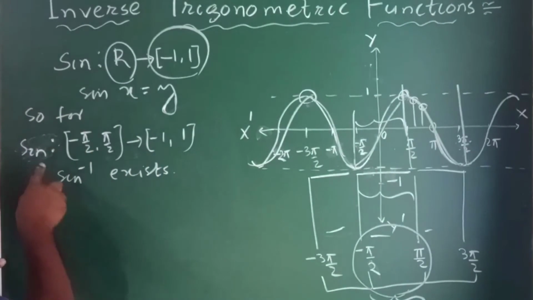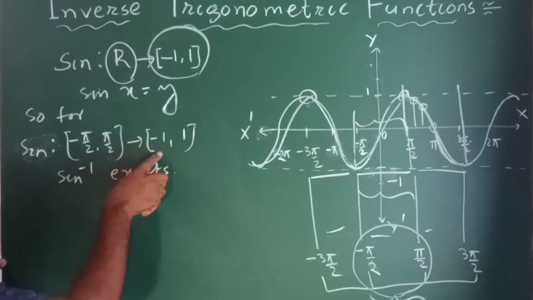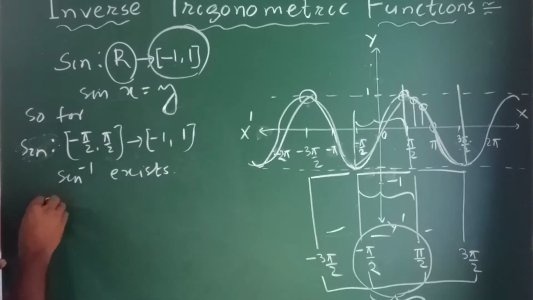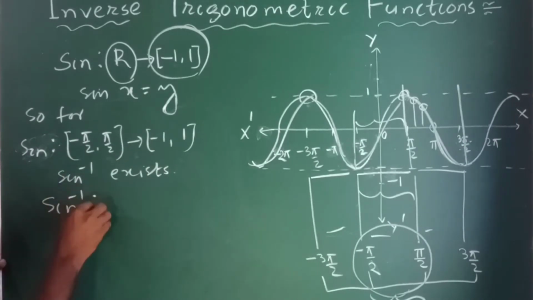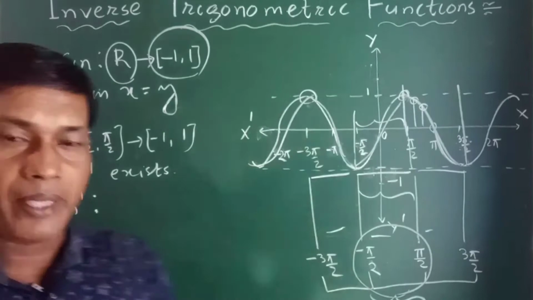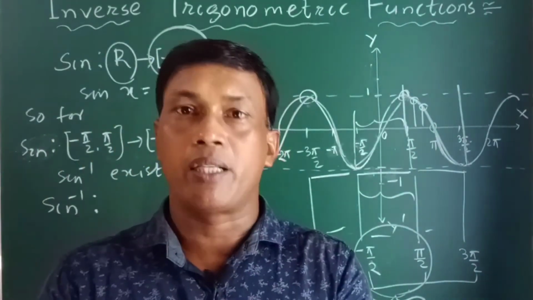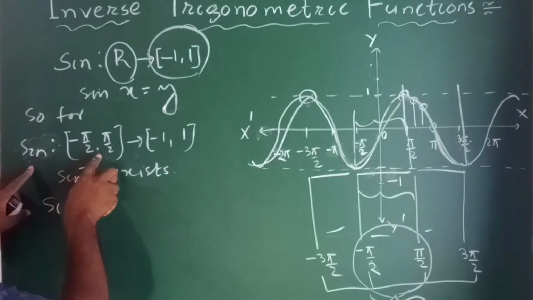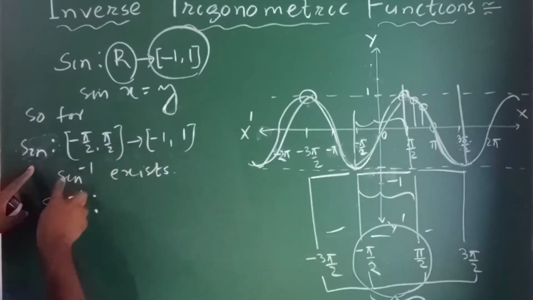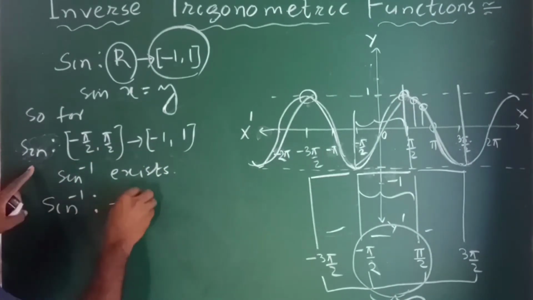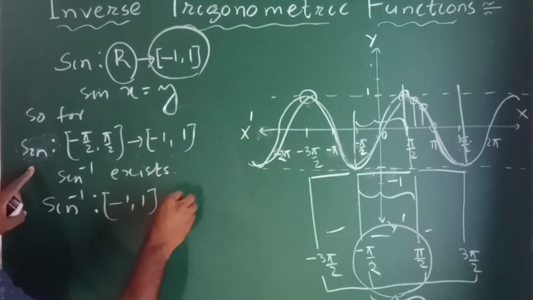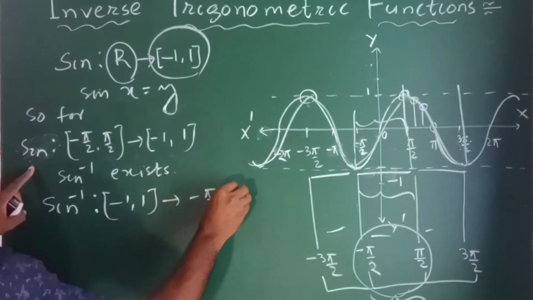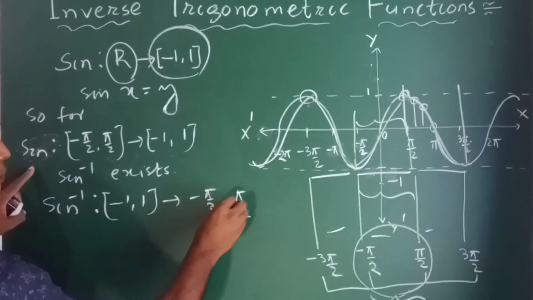And if sine is a function where inverse exists from minus pi by 2 to pi by 2 to minus 1 to 1, then sine inverse is a function. We know if f is a function from X to Y, f inverse is a function from Y to X. So sine is a function from this set to this set, then sine inverse is a function from minus 1 to 1 to minus pi by 2 to pi by 2.